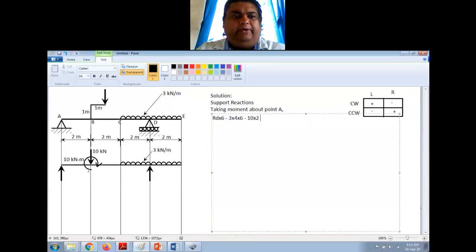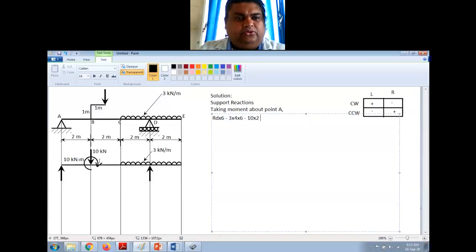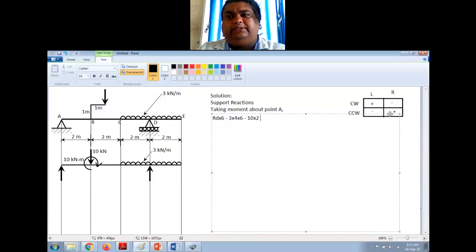And I have a counterclockwise moment, right? Sorry, this is also a clockwise couple, which is acting at point B on the right side. So right side clockwise is again negative, so I will take that as minus 10. And all these things together should be equal to 0. Now if you solve this, you will get RD.